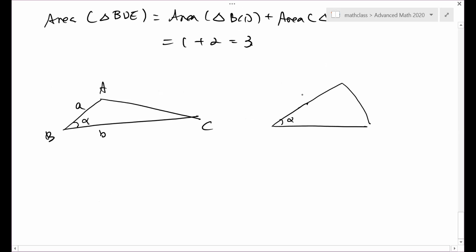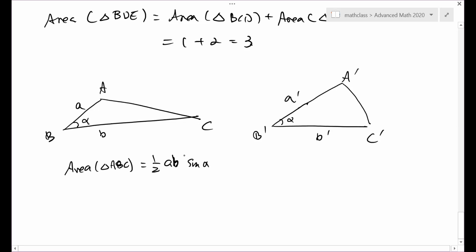This is also alpha, the same angle, with sides A prime and B prime. So the area of this triangle is going to be half of A times B, but there's a number here. Because it's not a right triangle, there's a number called sine alpha.